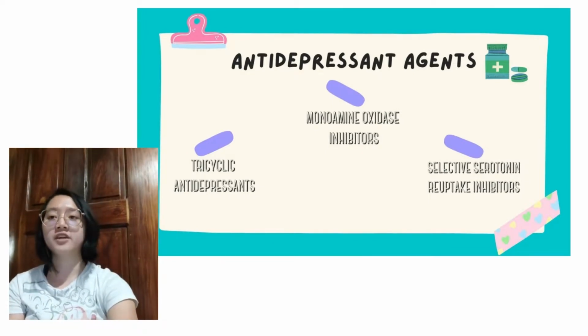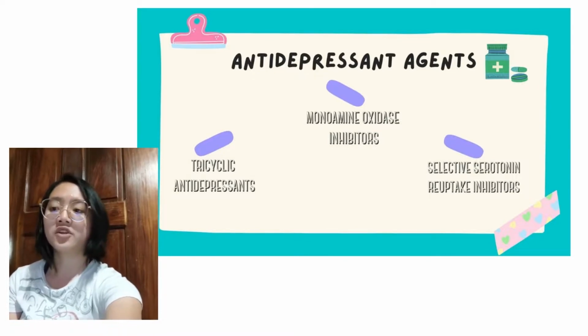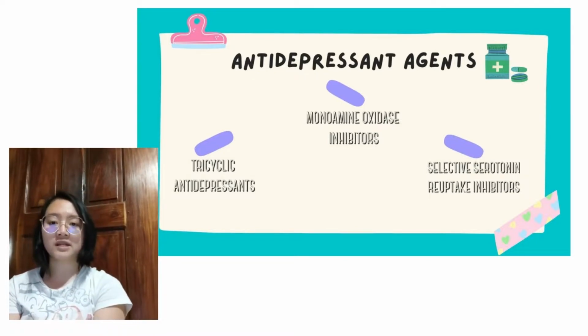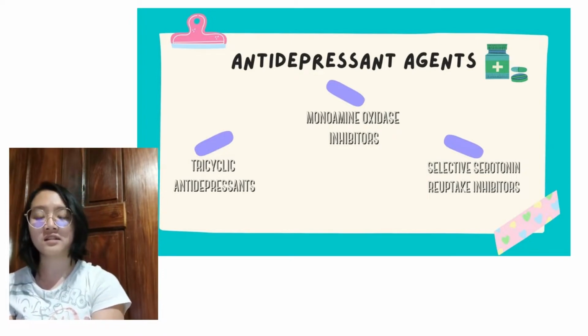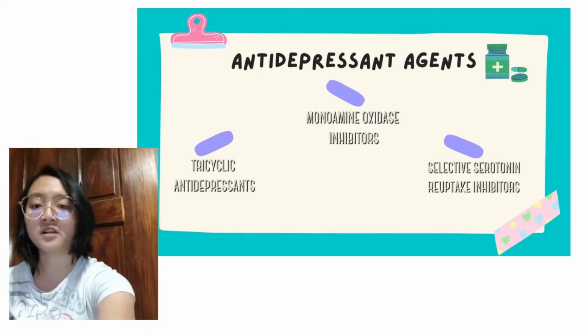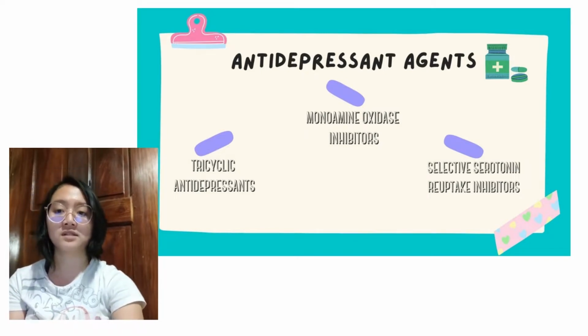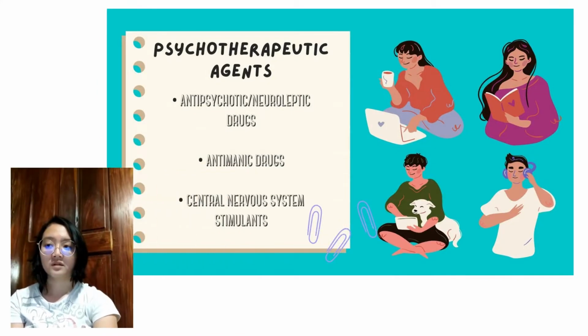Okay, so next we have here the antidepressant agents. Under these agents are the tricyclic antidepressants, monoamine oxidase inhibitors, and the selective serotonin reuptake inhibitors. Next, we have here the psychotherapeutic agents.